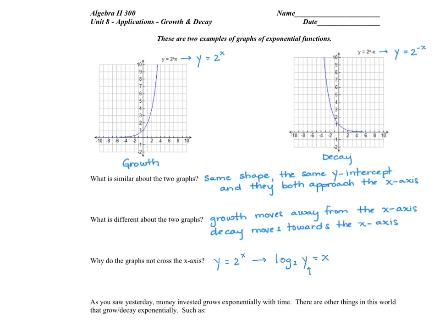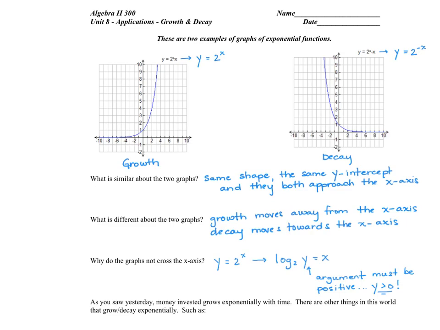Remember, we said the argument must be positive. In other words, y has to be greater than 0. And now, looking at these graphs, we can really see why.